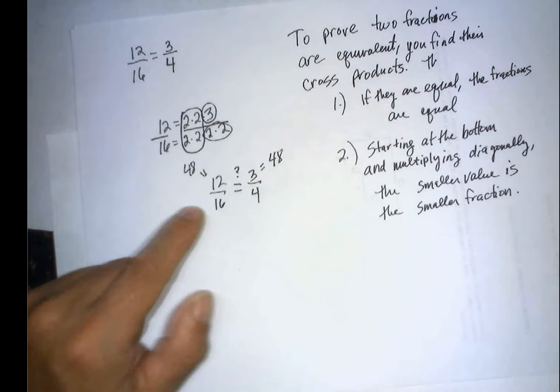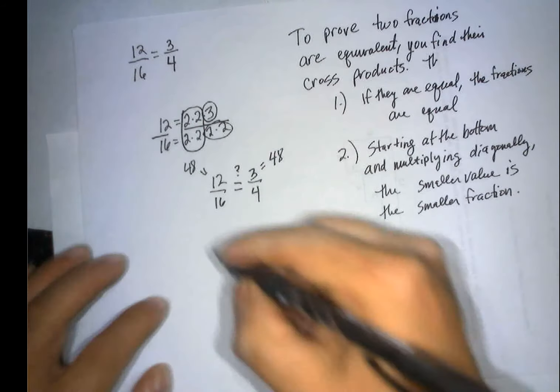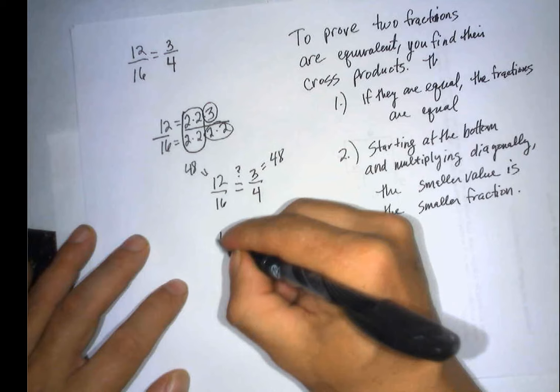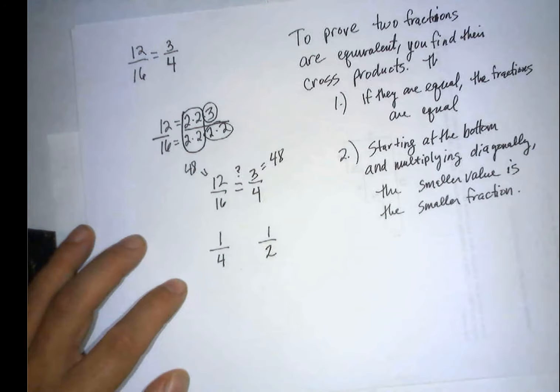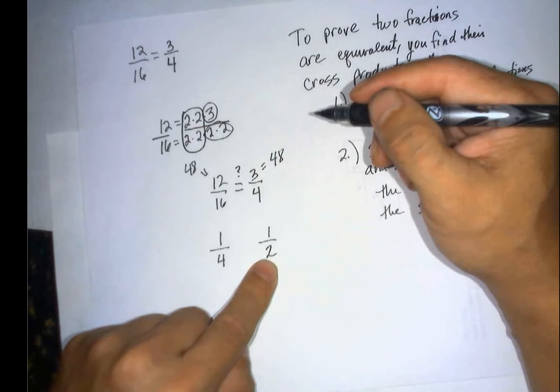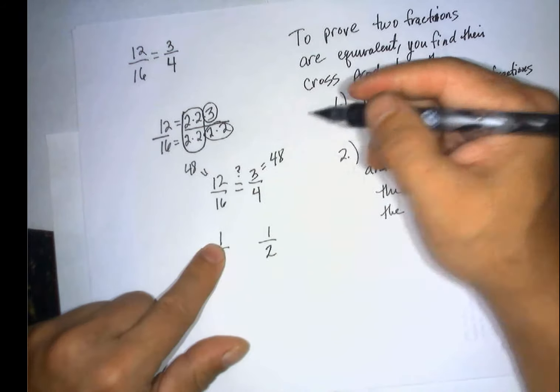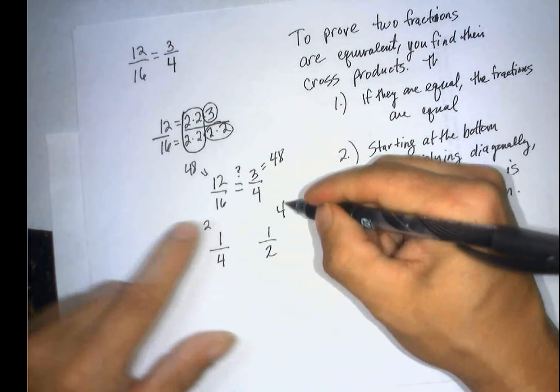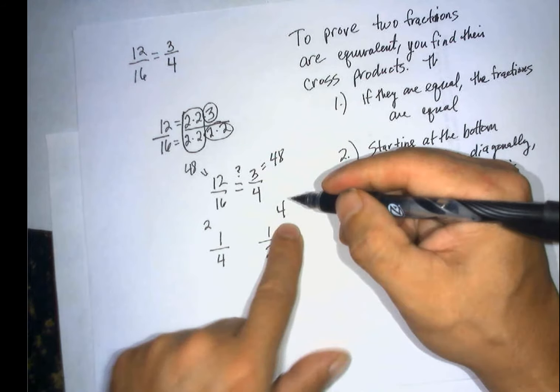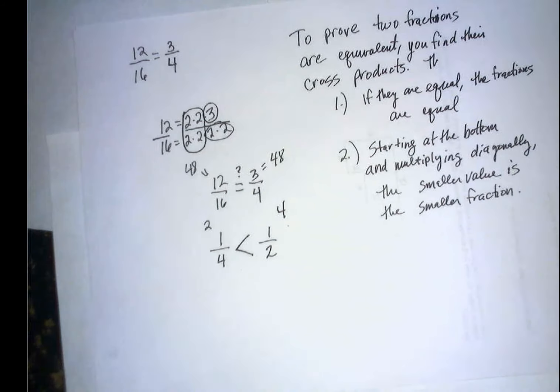The smaller value is the smaller fraction. We already know that 1/4 is less than 1/2. But let's prove it. If I start at the bottom and I multiply diagonally, 2 times 1 is 2, and 4 times 1 is 4. 2 is less than 4, therefore 1/4 is less than 1/2.